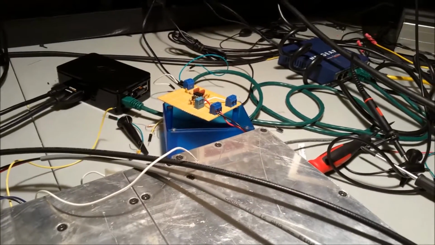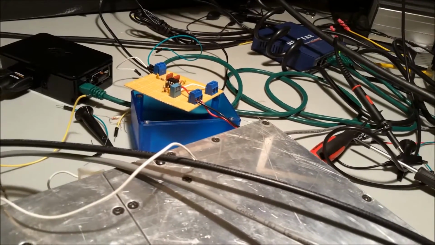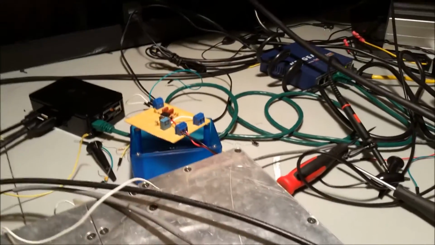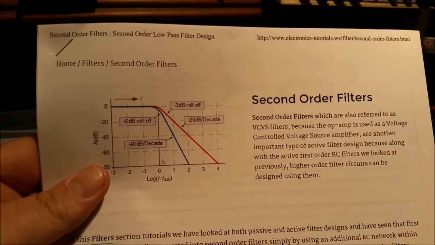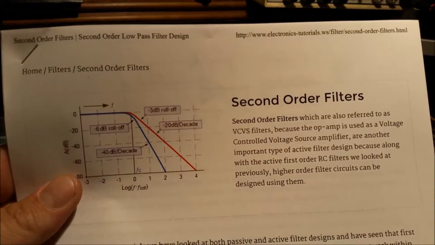And actually there's a website that has some really good information on it. If I can find it here. I should have printed it out. Website on second order filters from electronics-tutorials.ws.